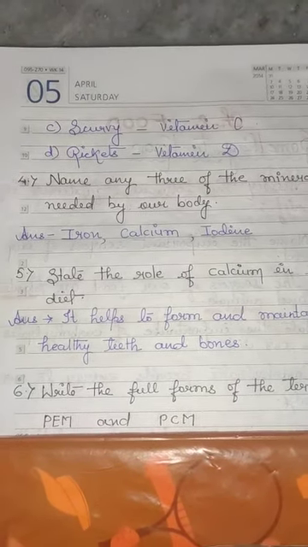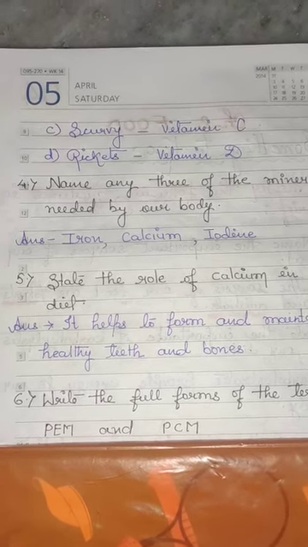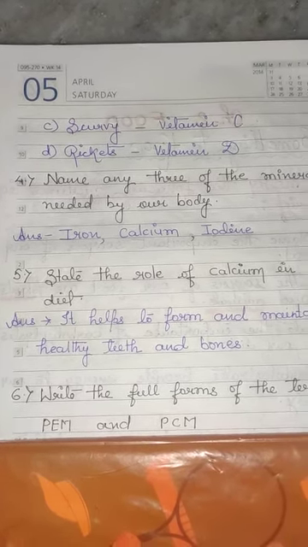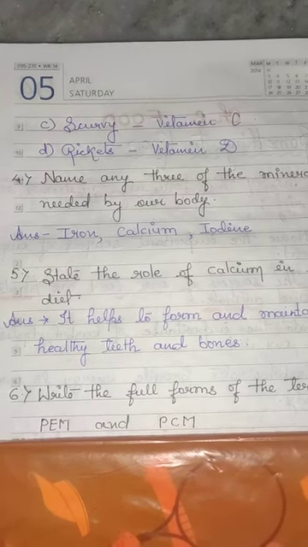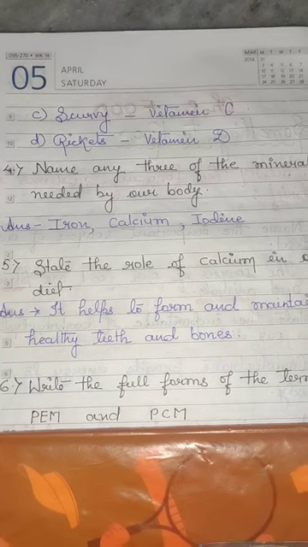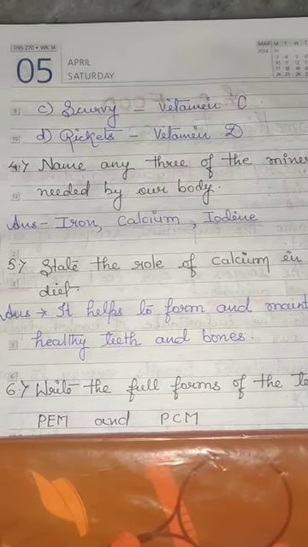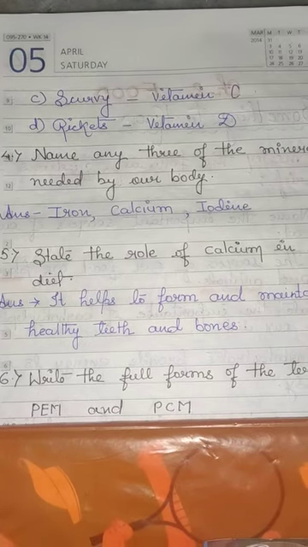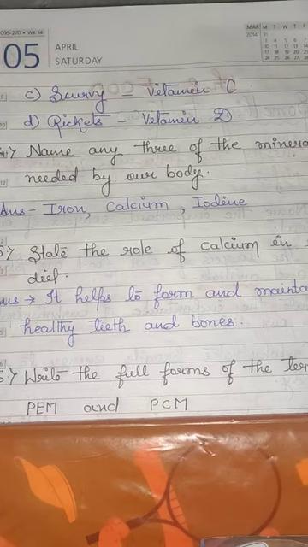When the body is not getting the nutrients in adequate amount, then we say that the body is malnourished, due to an improper habit of taking food, and the term is known as malnutrition. Under malnutrition, the diseases caused are termed PEM and PCM.